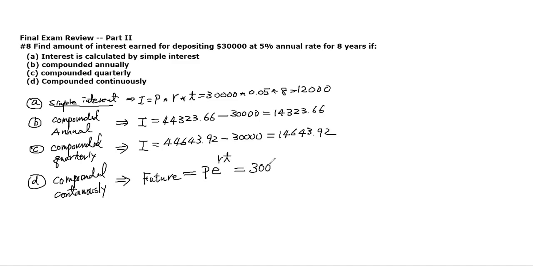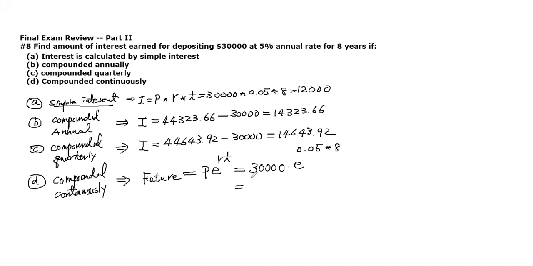So this is 30,000 times E to the 0.05. How many years? 8 years, right? That's 8 years. Now, let's put it into the calculator to see what you have here. So it's E to the 0.05 times 8, then times 30,000.